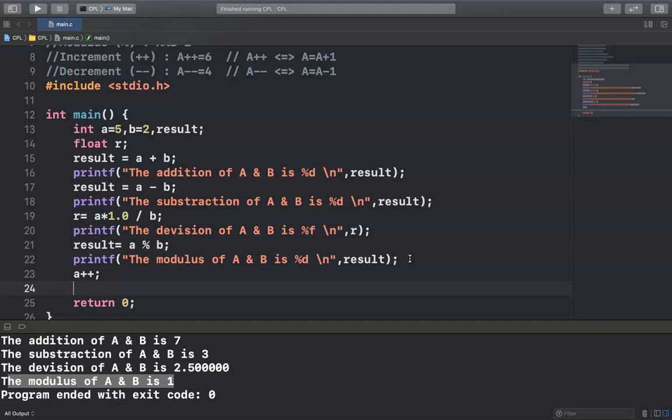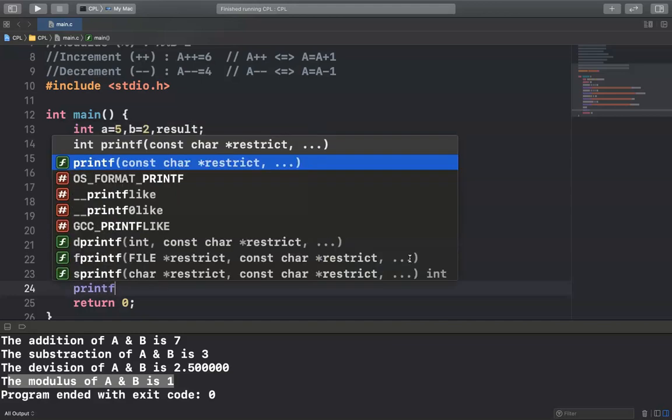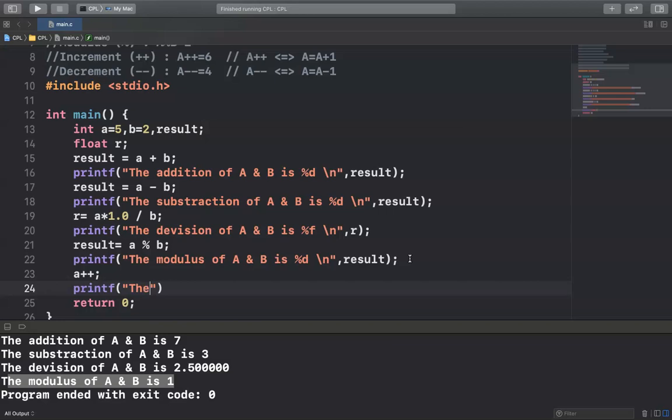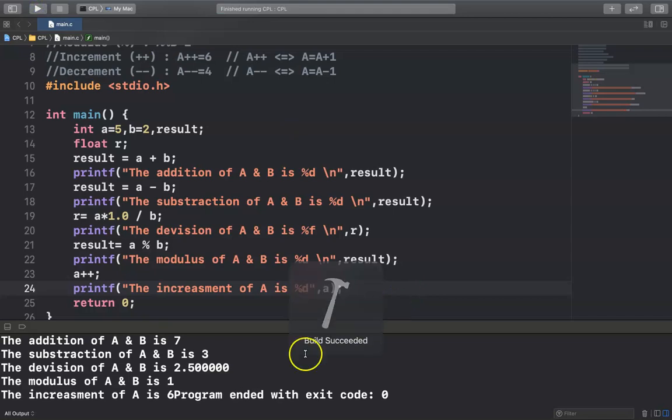And then I print the increment of A is percentage D, A. Then I run it. You see, the increment of A is 6. A equal to 5 and the increment of A equal to 6.